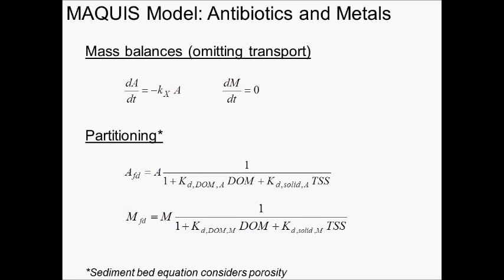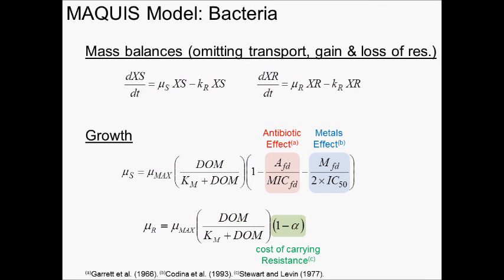And when you're dealing with the sediment bed, you may have to account for the porosity of the sediment bed, and that's all accounted for correctly in the model, but I'm not covering those details here.